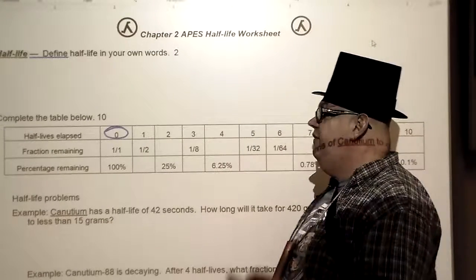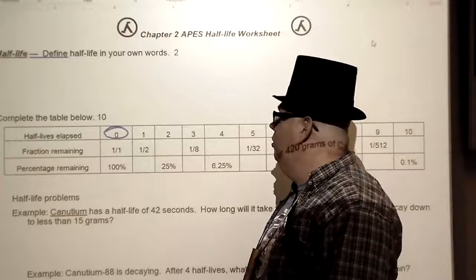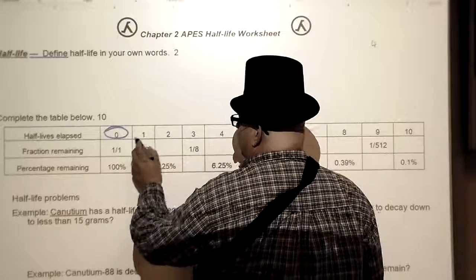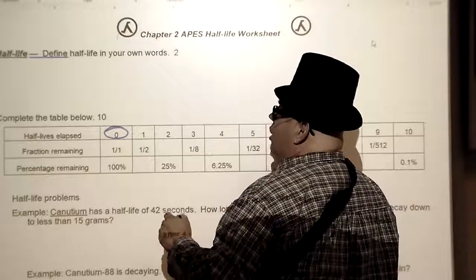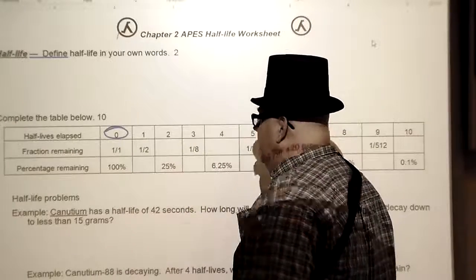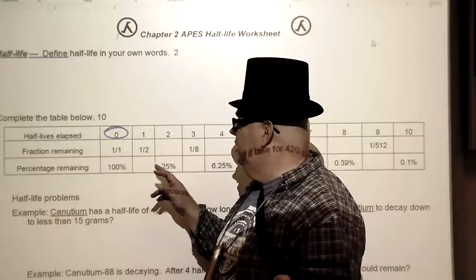If in a half-life you're losing half of your material, then at the first half-life, the fraction that would be remaining is 1/2. The percentage remaining is 50%. Now, you'd say, how in the world would I figure that out?